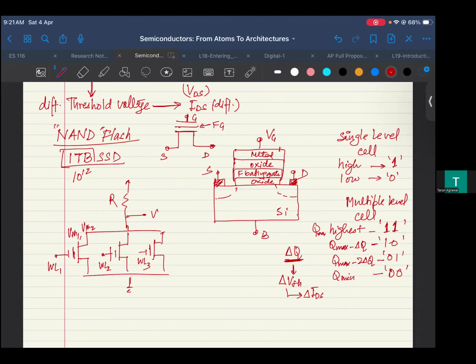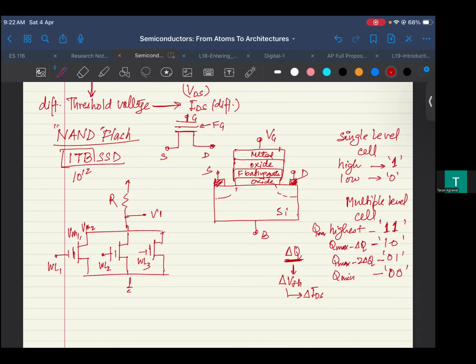Then it would be able to read which VTH it is because of the current which is flowing, which would show up on this voltage. It would go down, obviously, by a factor depending on whether you have more current or less current. That is the idea. That's how you are able to read at the output what this voltage is, or what was stored in this memory.